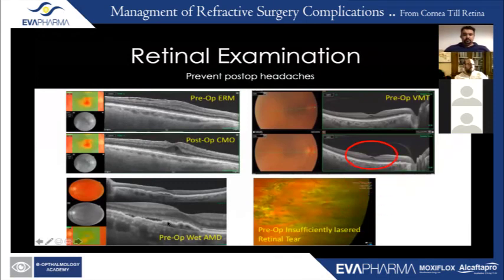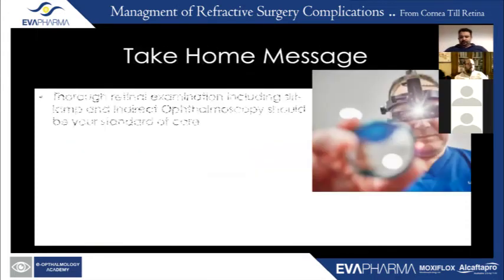These are pre-op wet macular degeneration, which you do not see that much in younger patients, but you can see it sometimes. And here there is a vitreoretinal traction on the fovea, as you can see here. Just do the examination with the OCT, so afterwards it will prevent post-op headaches, because you can prove to the patient this was already your retinal status before surgery.